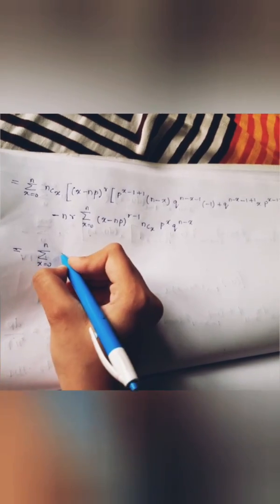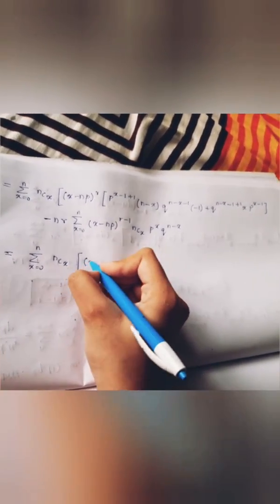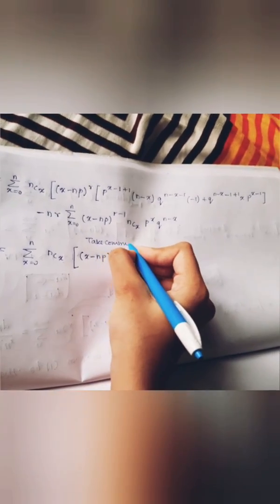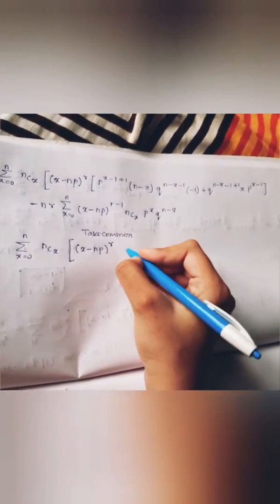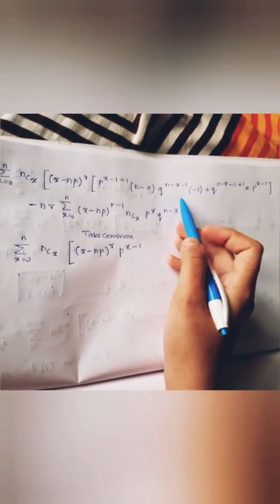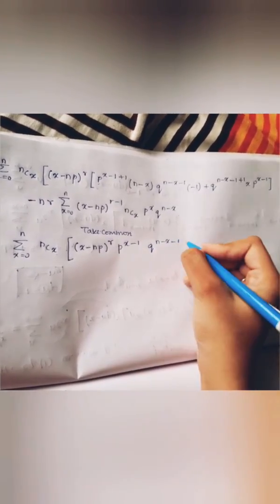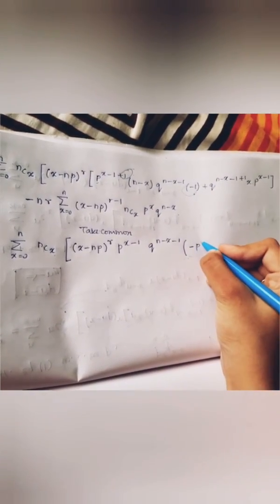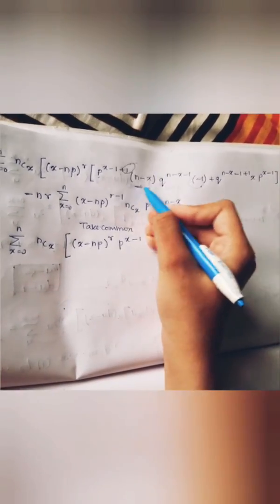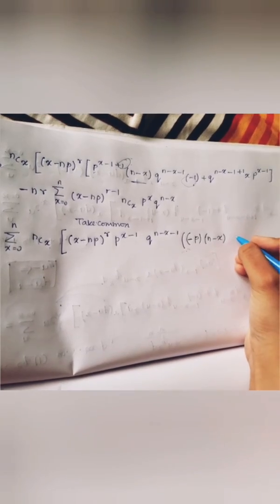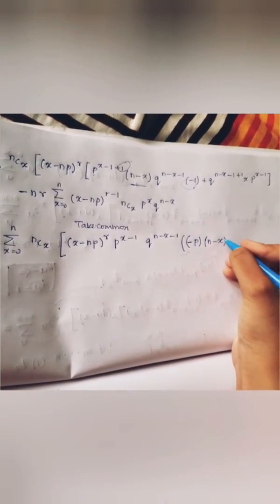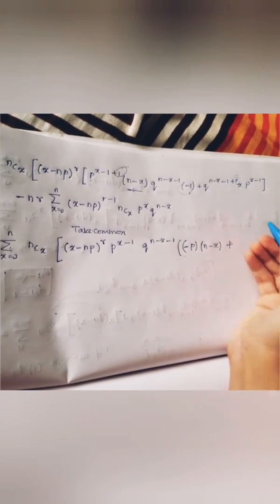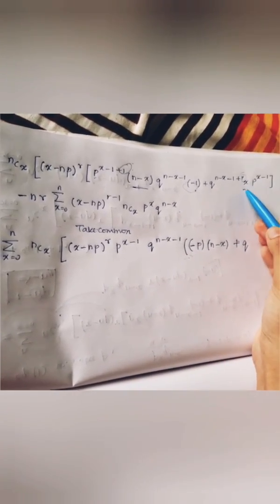Summation x is equal to 0 to n, ncx. Now we are taking common x minus np the whole power r, p power x minus 1, next q power n minus x minus 1, so that here we have minus 1 and here we have 1p, so that minus p, then n minus x is that, so that we are writing n minus x, next plus there is a q and then x, q and then there is the x, so that qx.